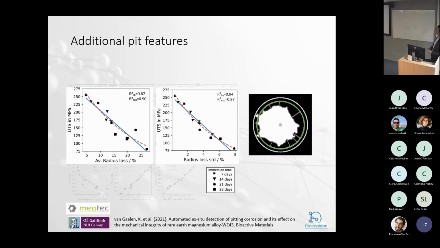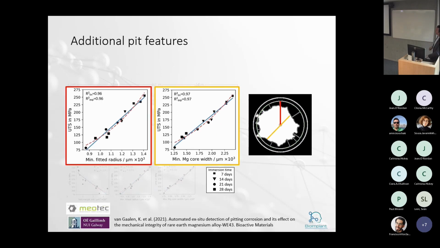We started to see very good correlations when you look at metrics or parameters that are directly related to the radius or the minimum width of that specimen, so things like average radius loss, or even the standard deviation of radius loss from the specimen. So, averaged over this 2D section, but at the lowest point along the 3D stack, that started to give very good correlations in terms of UTS.